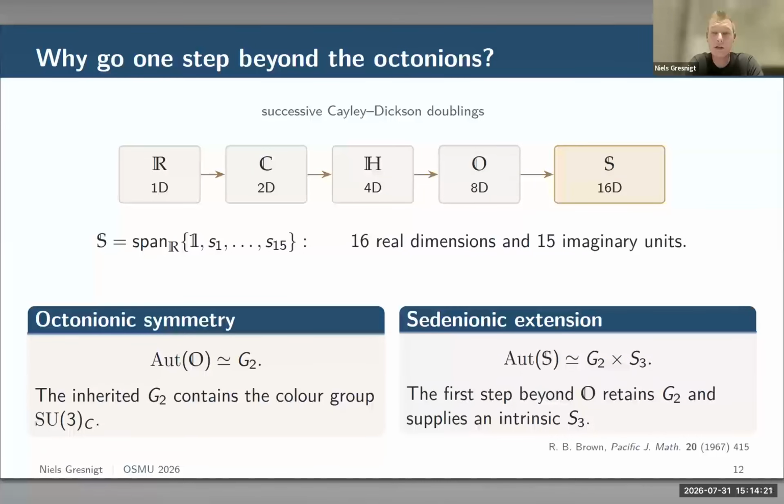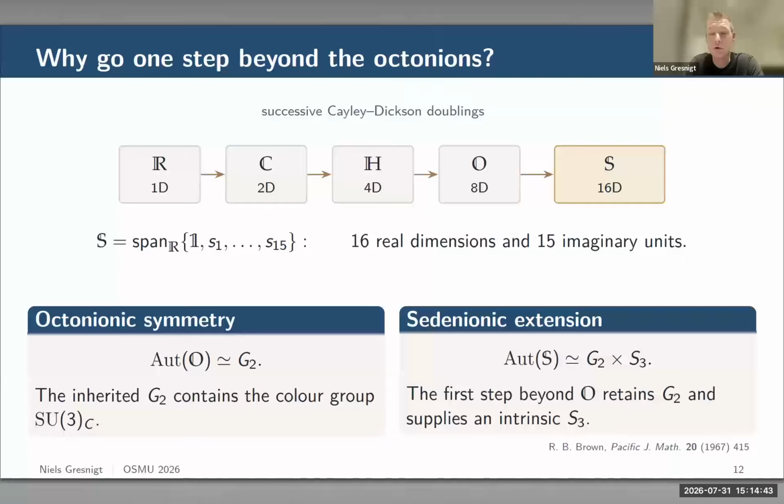Now, the reason that you can represent one generation in terms of the octonions with SU3 color symmetry is because the automorphism group of the octonions is known to be the exceptional group G2. And that contains SU3 as a subgroup, as a maximal subgroup, I believe.